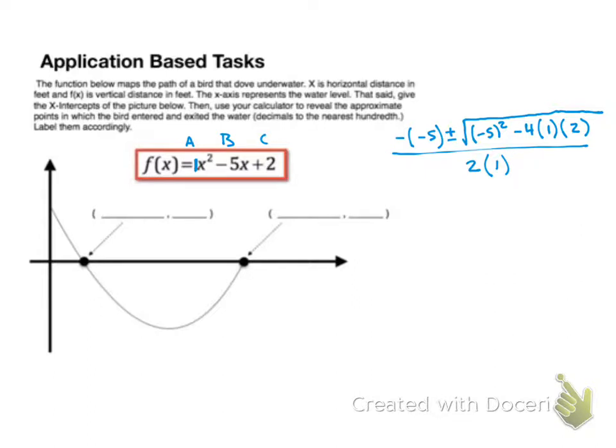So we simplify this out. Negative times negative 5 gives me a positive 5, where we got a double negative there. Then we have plus or minus negative 5 squared. That's negative 5 times negative 5, that's 25. And then negative 4 times 1 is negative 4. Negative 4 times 2 is negative 8.